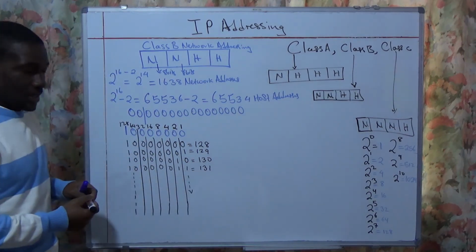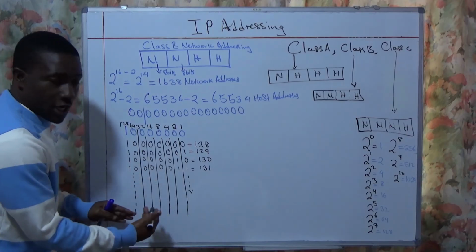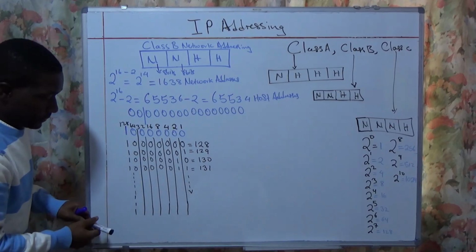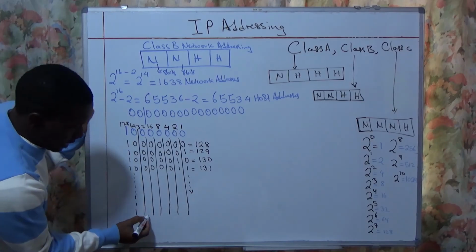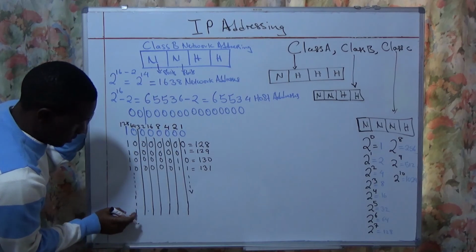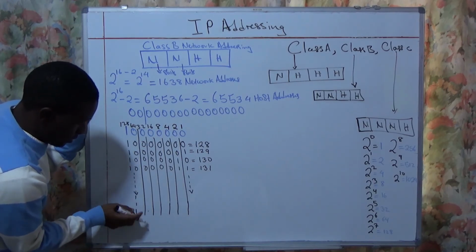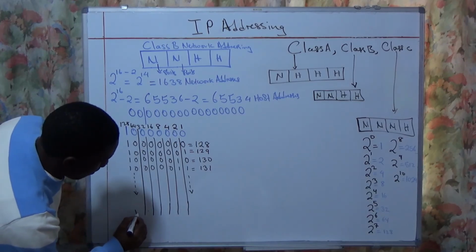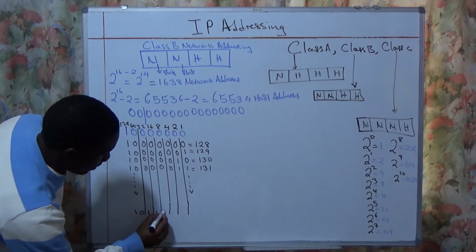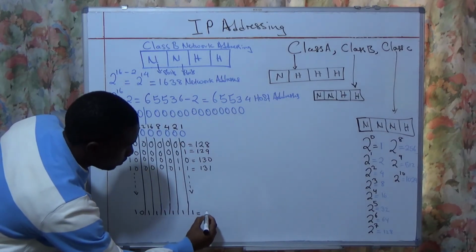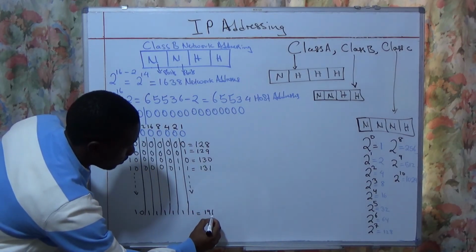And then we shall now assume the last 3 as 1, 0, 1, 1, 1, 1, 1, 1, which will equal 191.